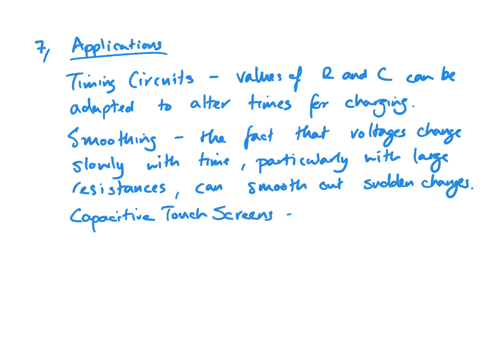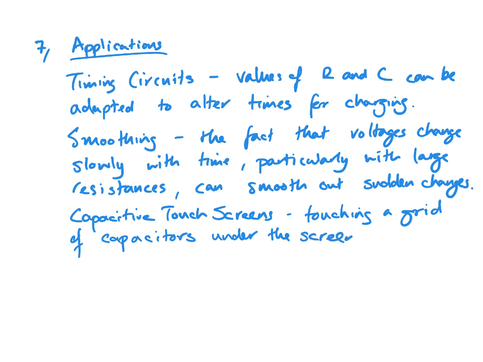And basically a good capacitor underneath a glass screen, and touching it with your finger alters the capacitance and therefore alters the voltage. And that change in voltage can be detected.